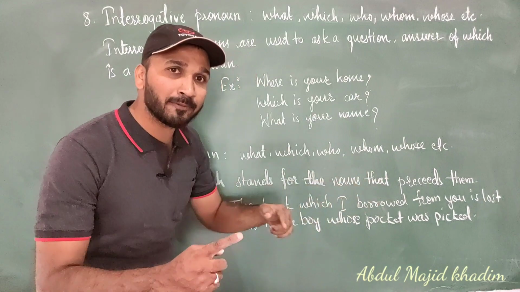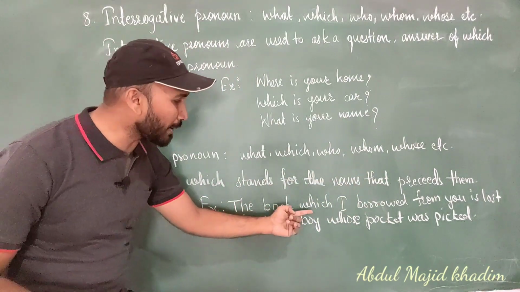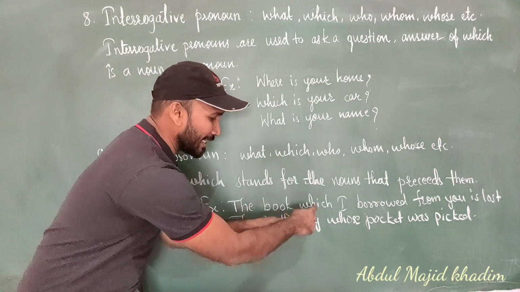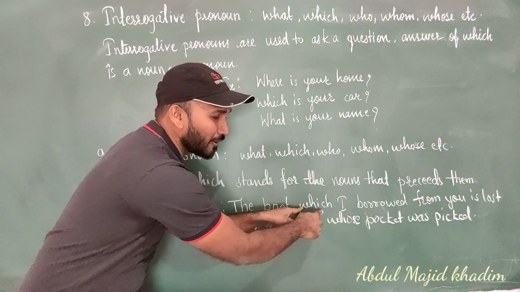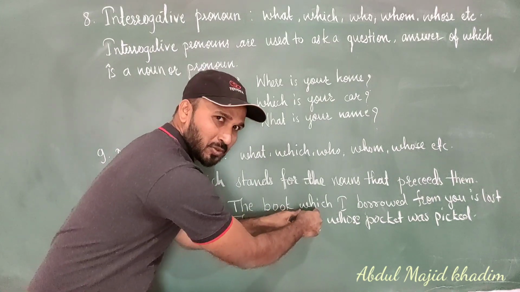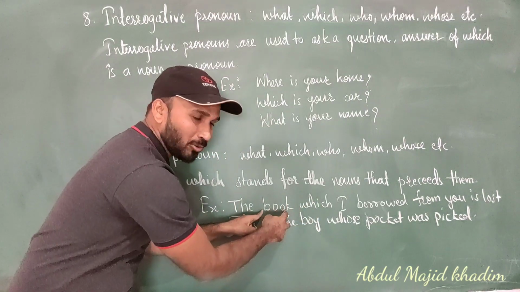Precedes का meaning क्या होता है? Followed by means, see here, the book, it is followed by which, means it is telling about this book which is mentioned before the which clause. So which is the pronoun, and before that there is a noun, that is book.